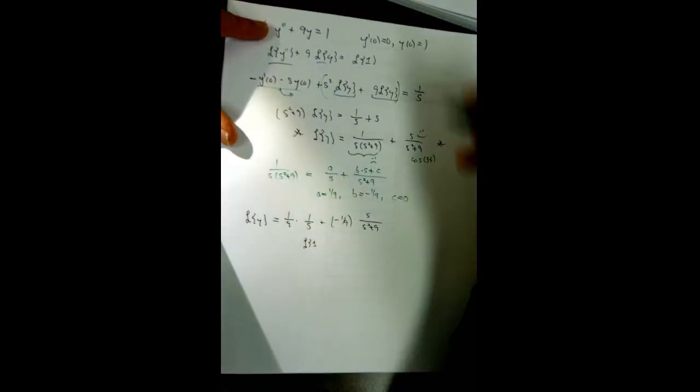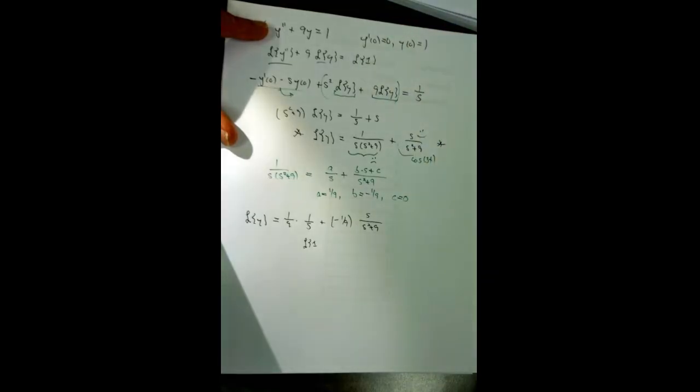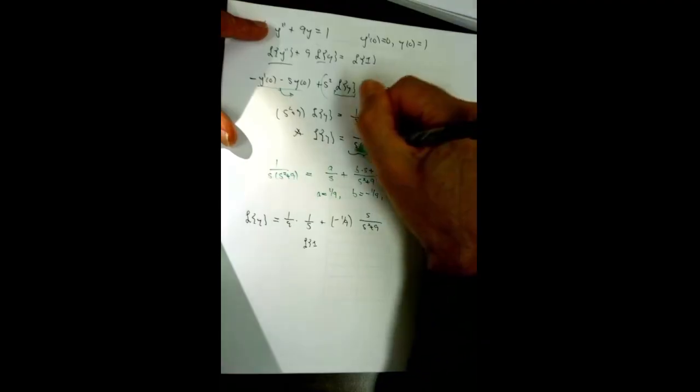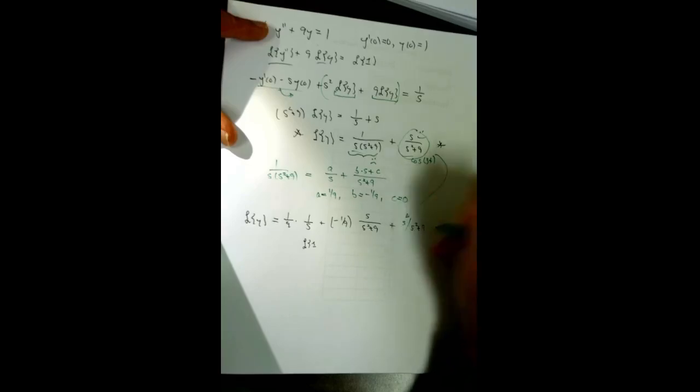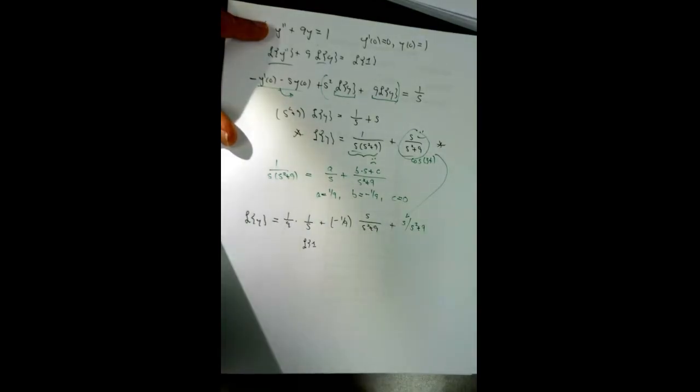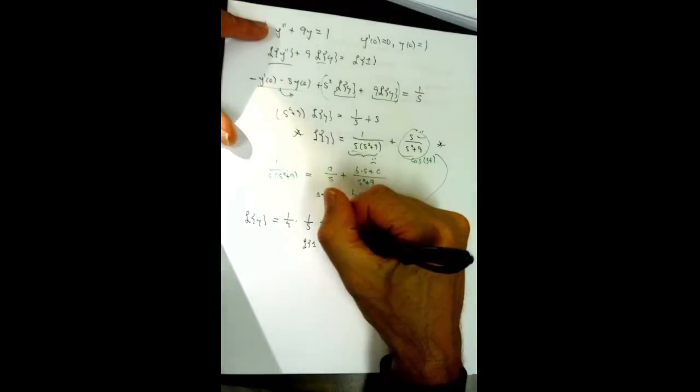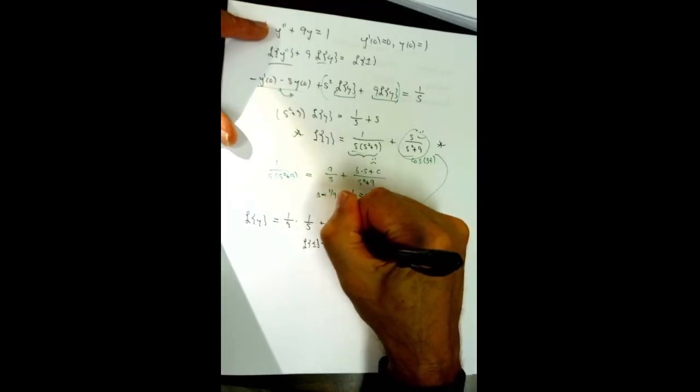Oops, and I almost forgot. All right, we just dealt with this term. I got to bring this term down. So that's plus s over s squared plus 9. So the Laplace transform of 1 is 1 over s.